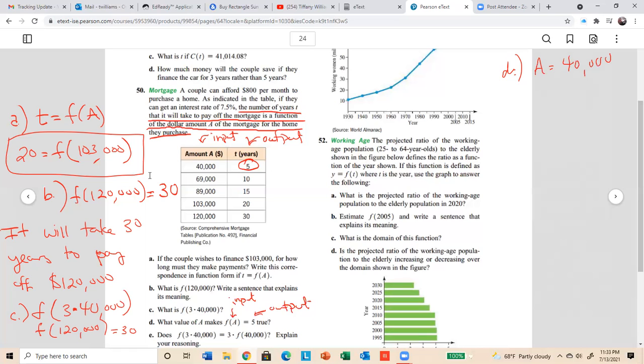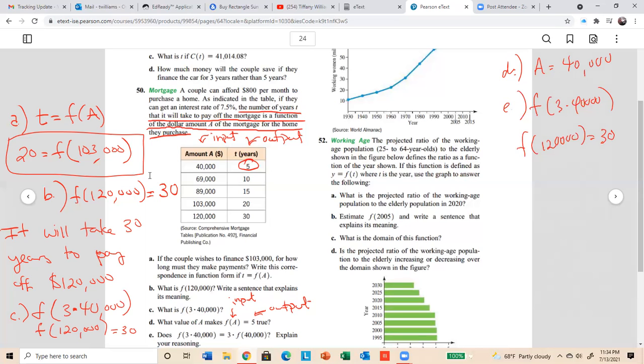Okay. And finally, part E. So part E says, does F of 3 times 40,000 equal 3 times F of 40,000? Now, we already know that F of 3 times 40,000, which ended up being F of 120,000, is equal to 30. We've answered that question 3 times now.